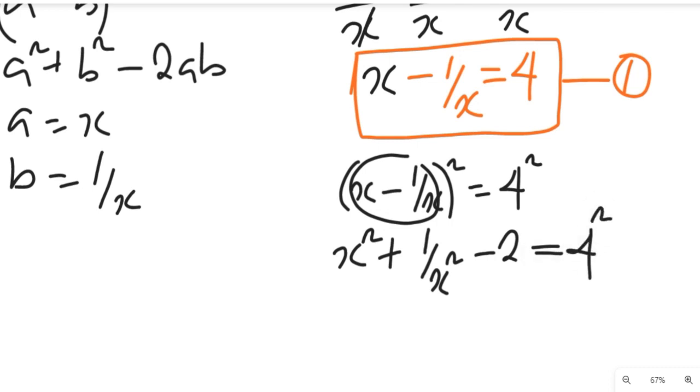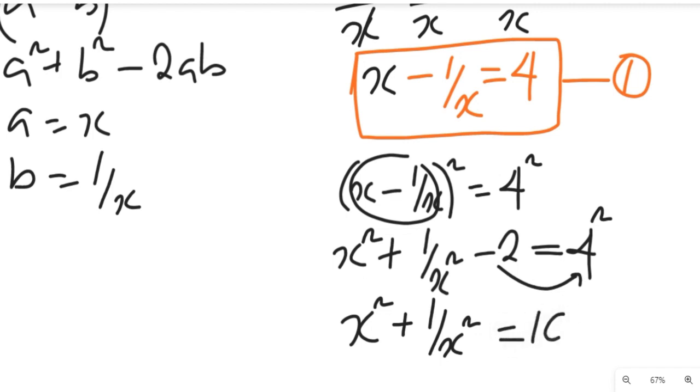And 4 squared is 16. So we'll have x squared plus 1 divided by x squared. When the 2 goes this way, that will give us 16 plus 2.